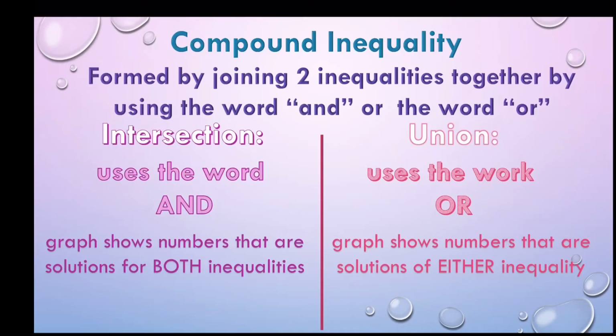If it's an intersection, we use the word and. When we graph that, it shows the solutions for both, and you'll see that they overlap. A union uses the word or, and it shows solutions of either inequality. So the word and the word or will help us to understand what we are graphing.